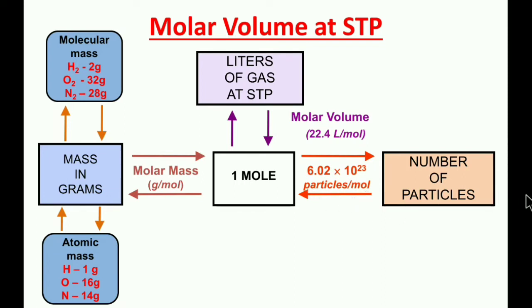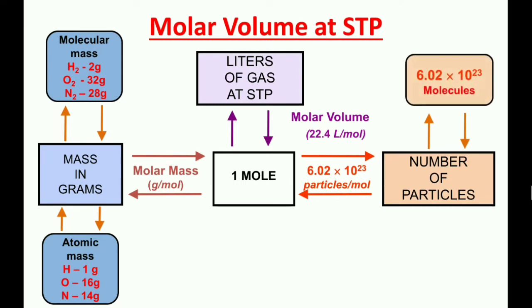Okay, so how can we equate it? This is similar to molecules, and it differs from molecules to atoms. 1 mole of any substance contains 6.02 into 10 to the power of 23 molecules at STP.